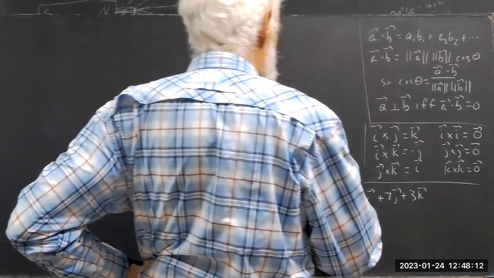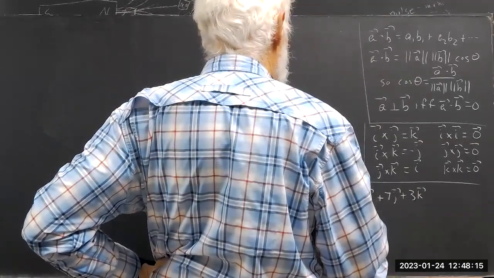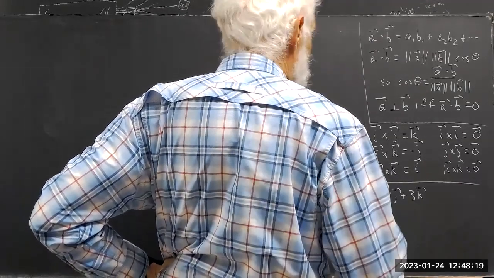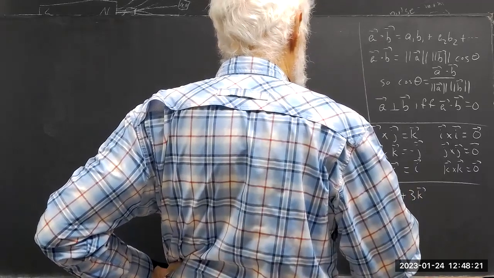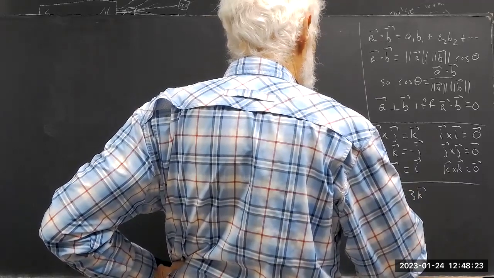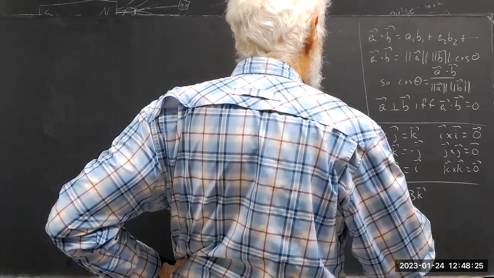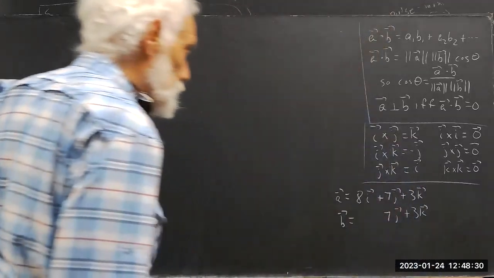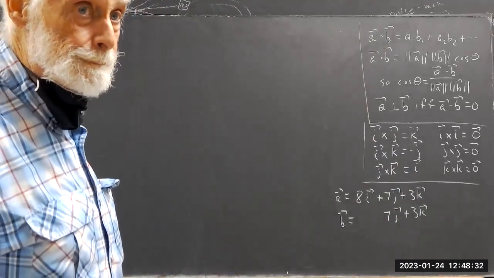Okay, so let's call this our A vector. And our B vector, it doesn't have an i. It has, well, it's 7j plus 3k. Got it?